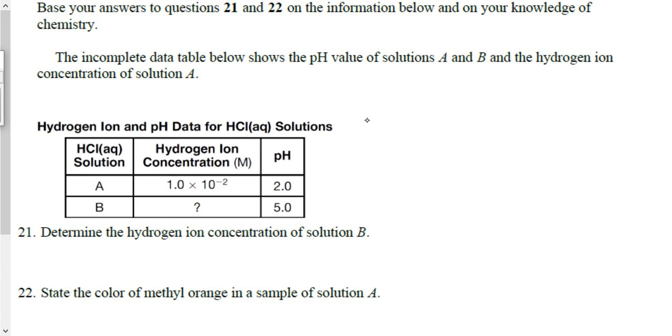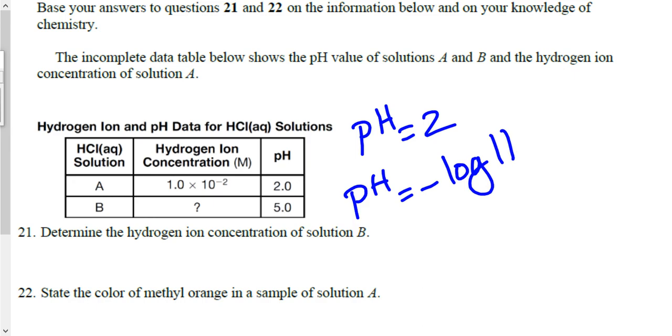So when pH value is 2, look at the hydrogen ion concentration. Usually pH is negative log of hydrogen ion concentration.